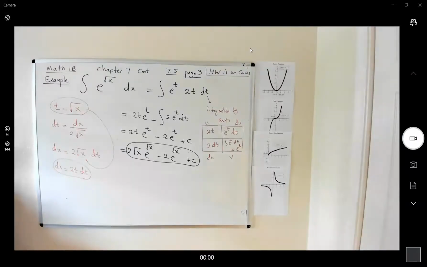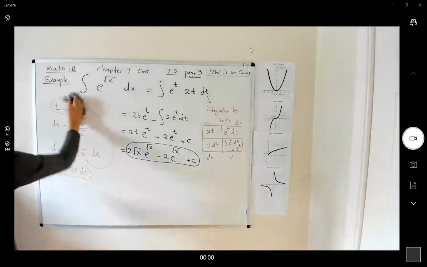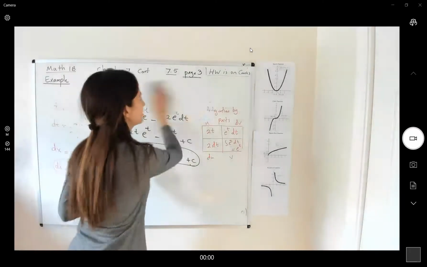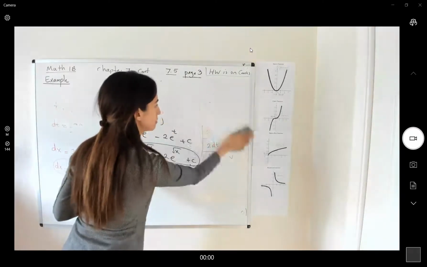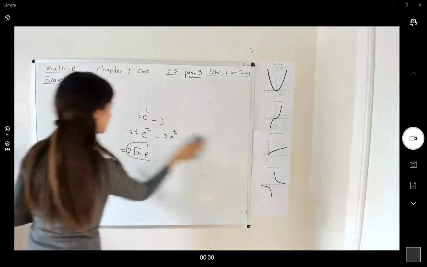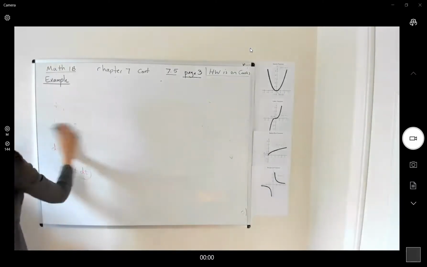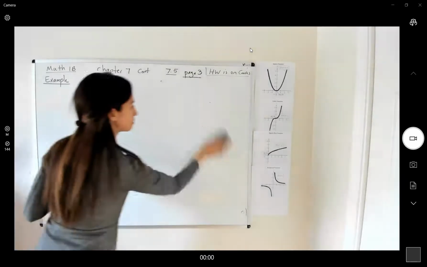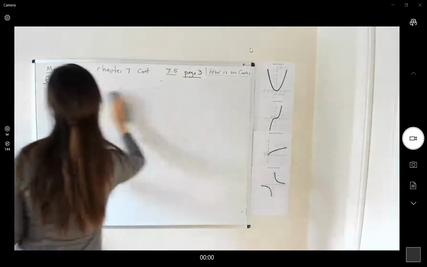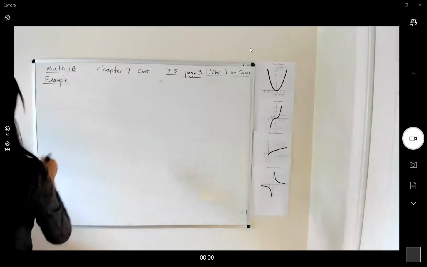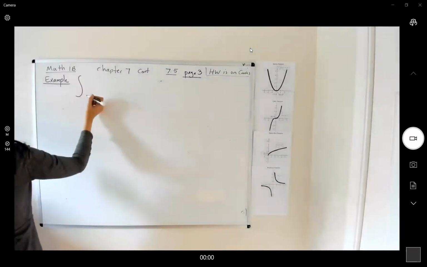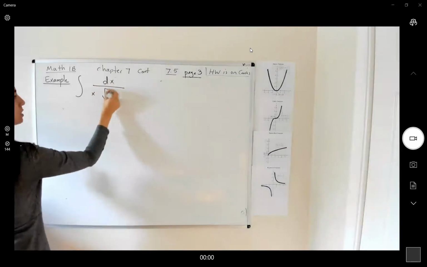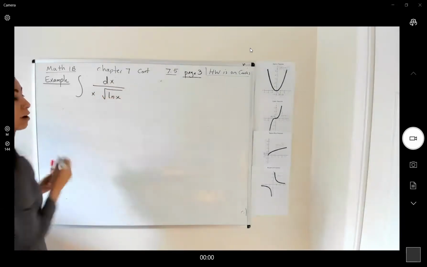Let's move on to the next example, another integral. Very well. You have the integral of dx over x times square root of ln of x.